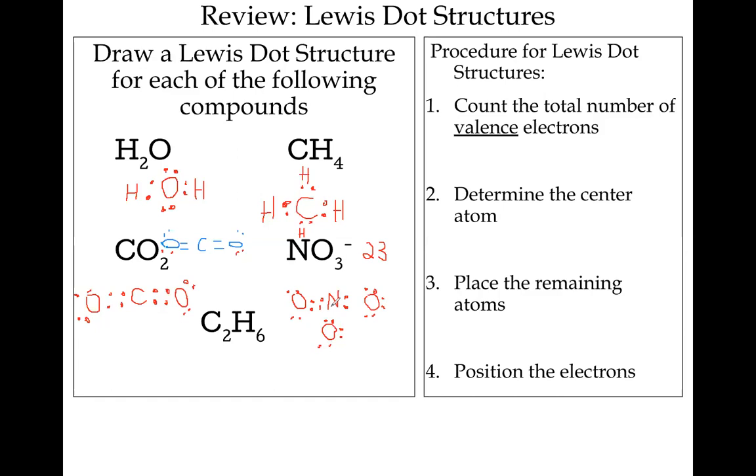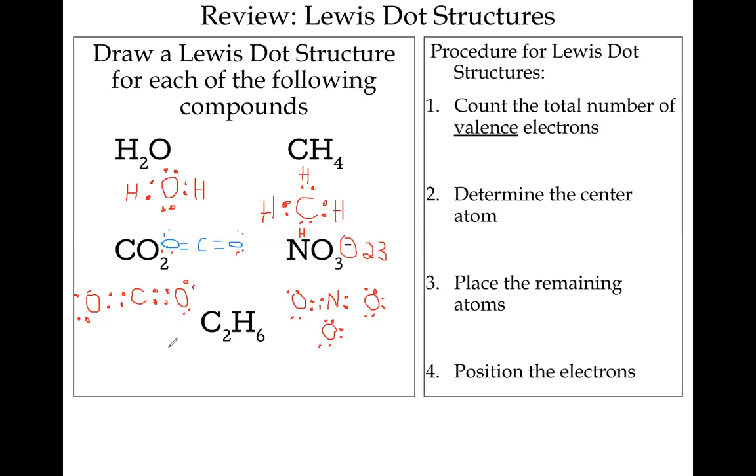Oh, no, I didn't do anything wrong. 2, 4, 6, 8, 10, 12, 14, 16, 18, 20, 22. And because there are 23, it's going to have this negative charge here. And voila.